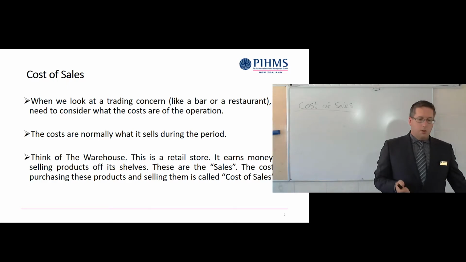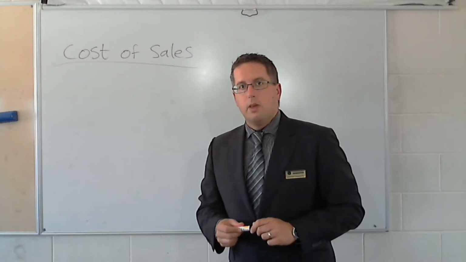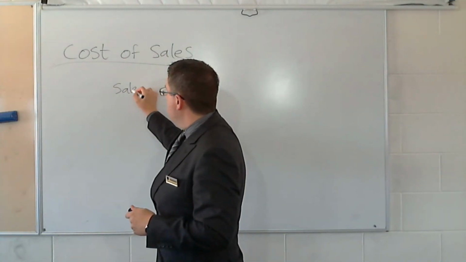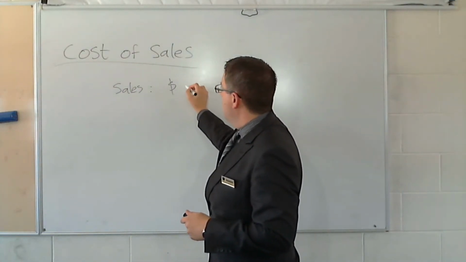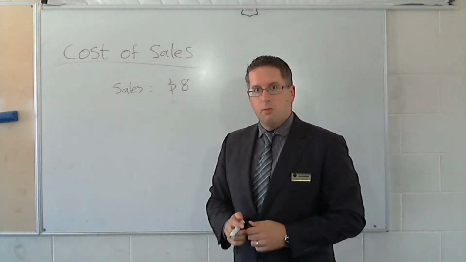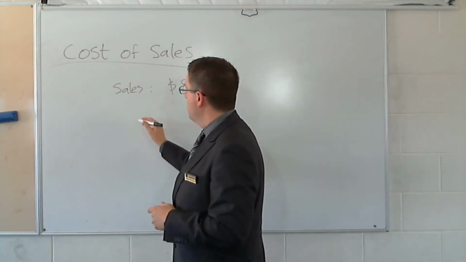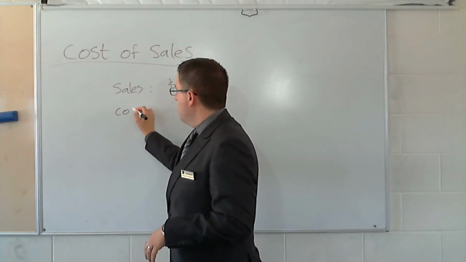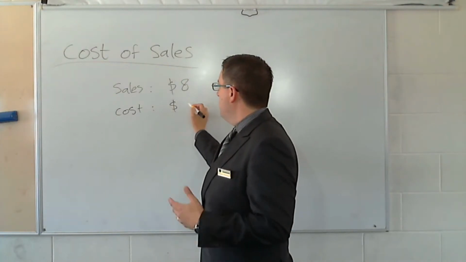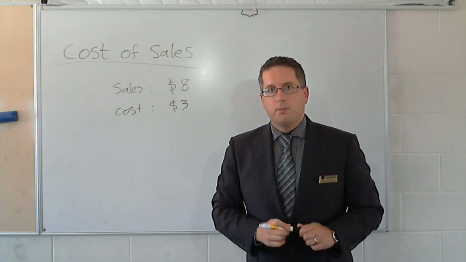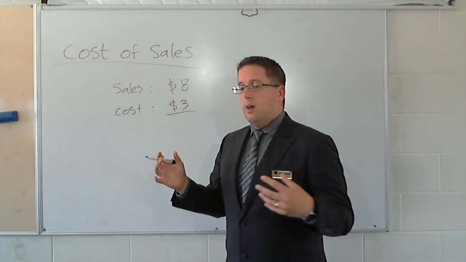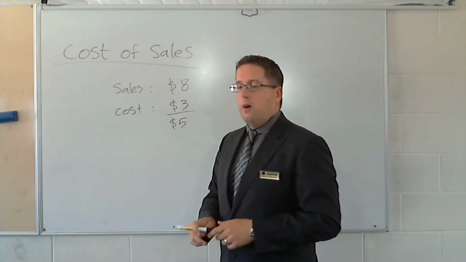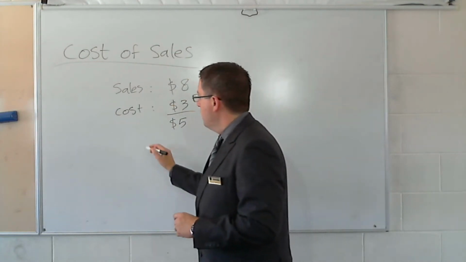Now, for example, a really quick example of talking about a bar, and you might have bottles of beer, and each one might be $8 when you're selling it. Now you need to restock that bottle of beer though, and so you have a cost, and that might be $3 a bottle. Okay, you're making a profit on each bottle, so that's $5 a bottle. That's your profit.